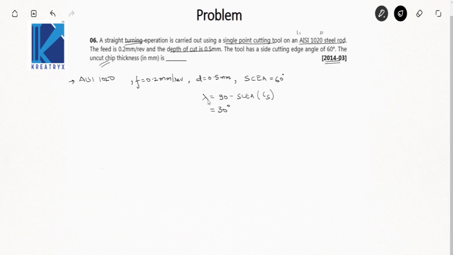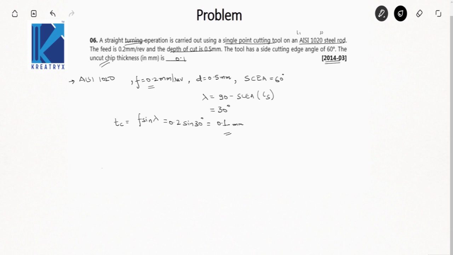Uncut chip thickness is given as t equals f sine lambda. F is feed, so feed is 0.2, sine of lambda is sine of 30 degrees, which equals 0.5. So the uncut chip thickness is 0.1 mm. So this is the right answer.